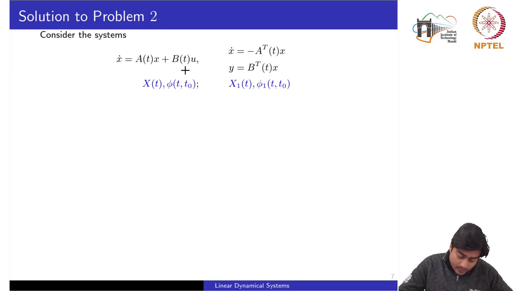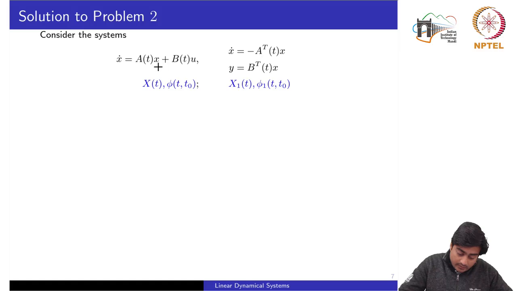To solve this problem, we consider two systems. The first system is x dot is equal to A(t)x plus B(t)u. The other system is where we have replaced the A matrix by minus A transpose, and the output matrix we are taking as B transpose.